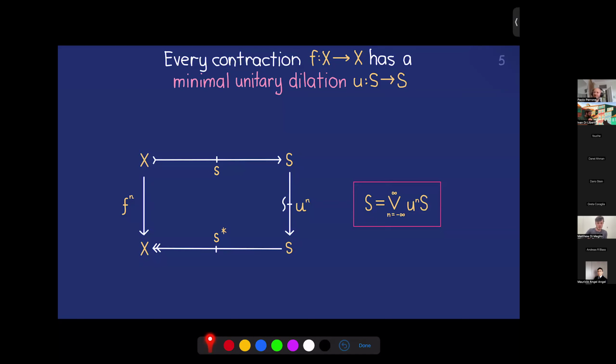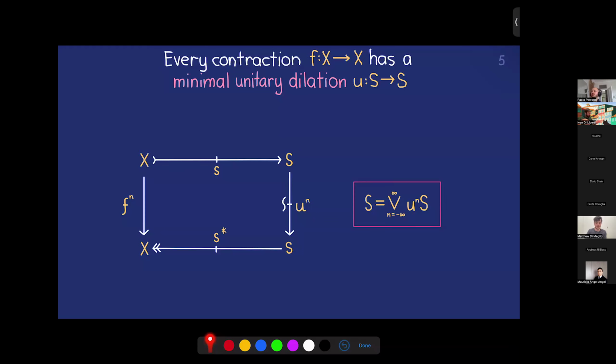And this minimal condition can be expressed in a few different ways. One of them is that S is the closed span, or the closed internal sum, of the subspaces U to the n of S. These are just the images of S under the nth power of U for all n from minus infinity to infinity.